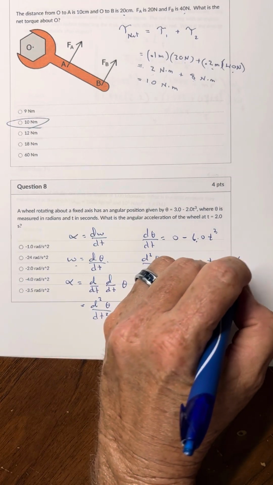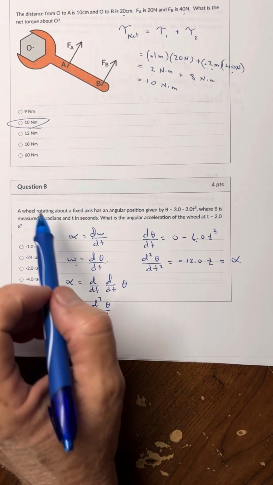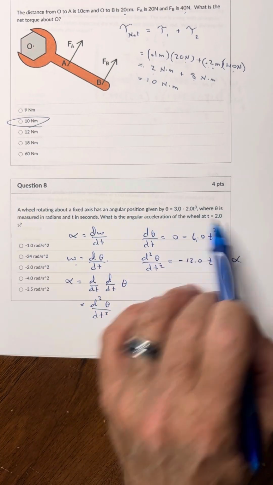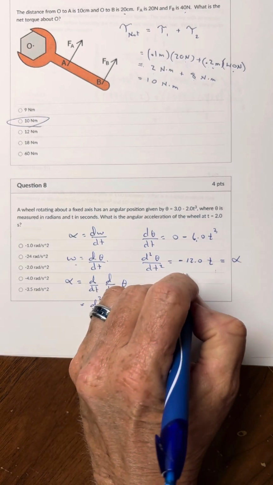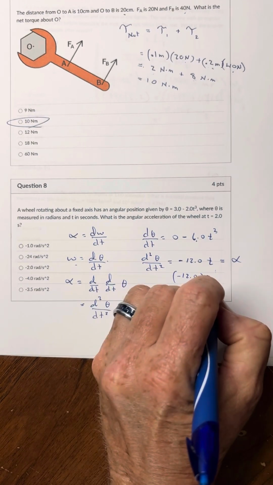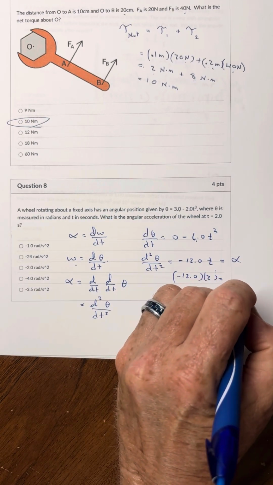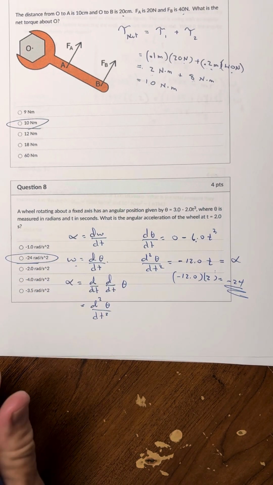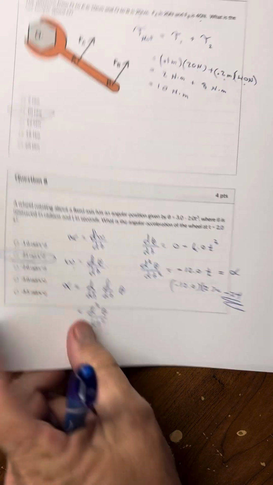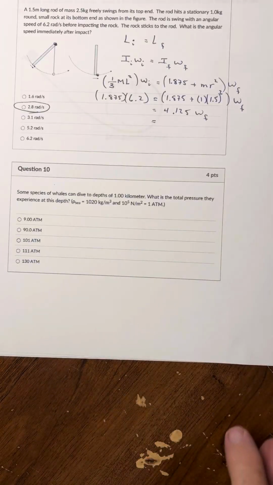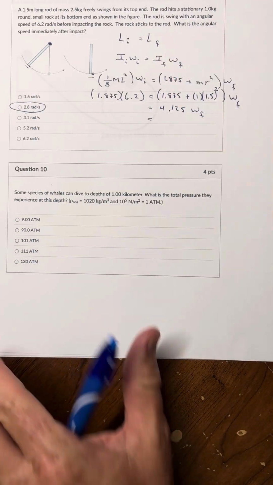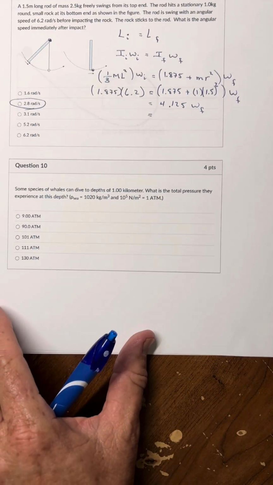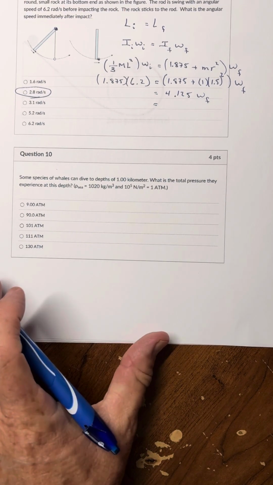So that would be the equation for alpha. And we're to evaluate the angular acceleration when time is 2. So this would be negative 12 times 2, which is negative 24. And so B should be the answer to number 8, and then also B for number 9 that we did out of order.